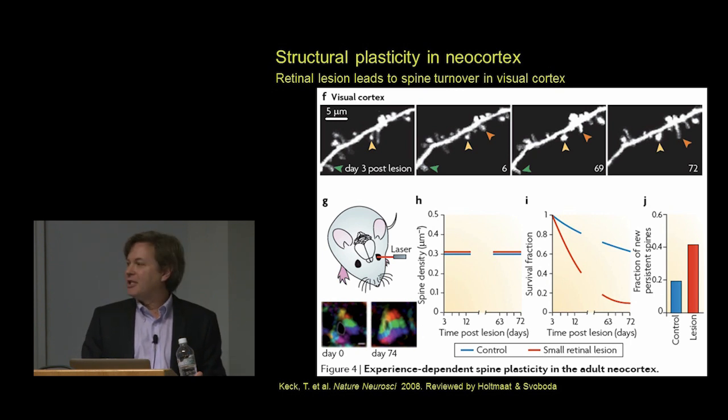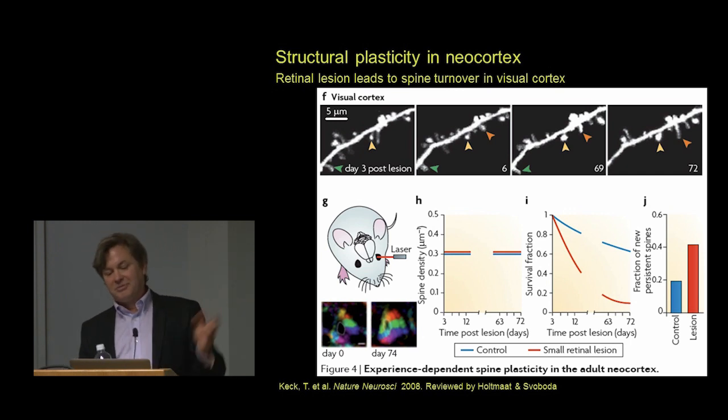I've emphasized how two-photon microscopy is useful for calcium imaging to see the activity of neurons, but an equally important aspect of two-photon microscopy is morphological imaging.